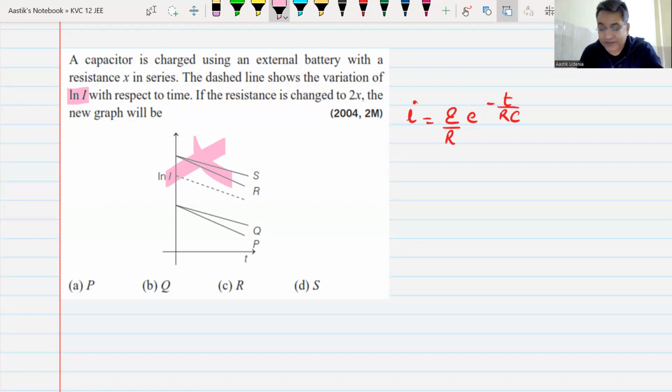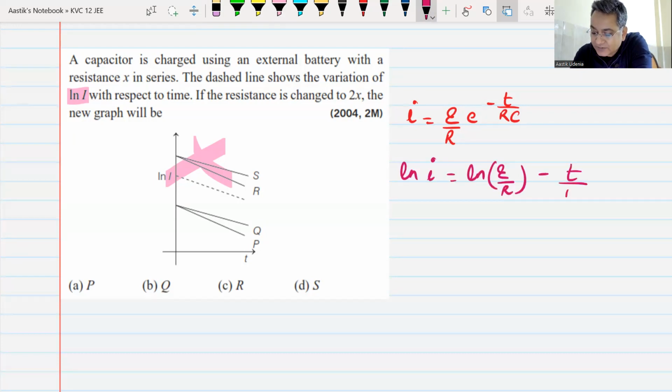Now, if I take log on both sides, nothing to do with physics, only maths, it will have ln of I, which is the graph, equal to ln of E by R. That is just a constant term. That is the intercept. We don't have to worry about it. Minus T by RC.